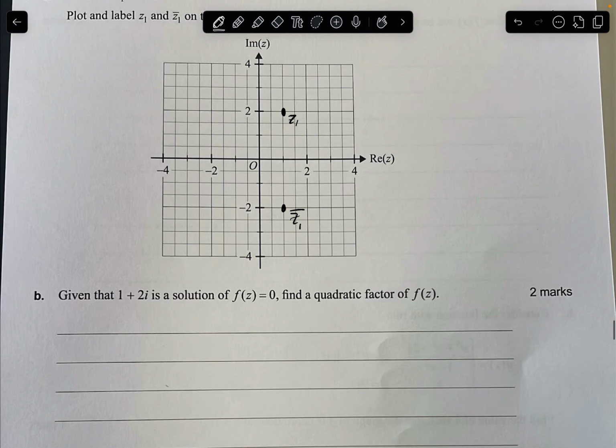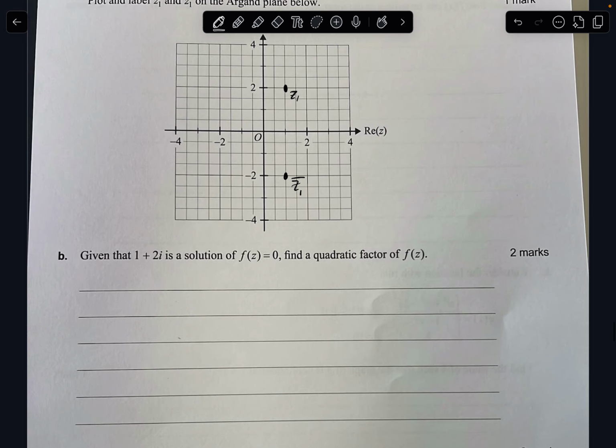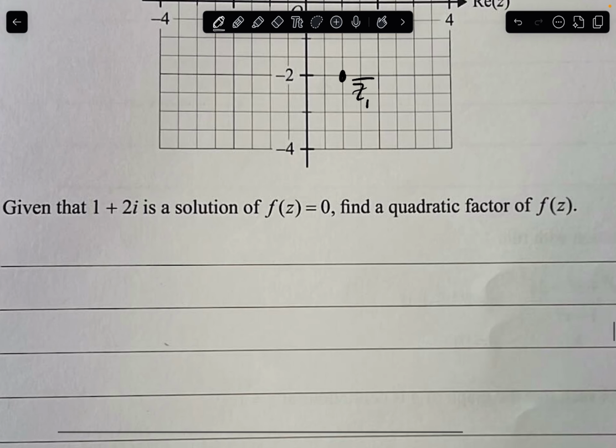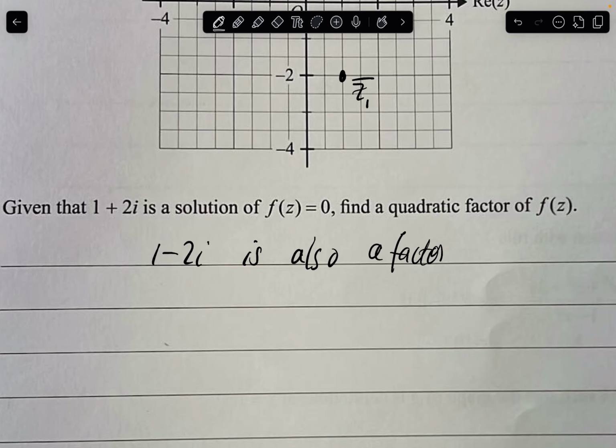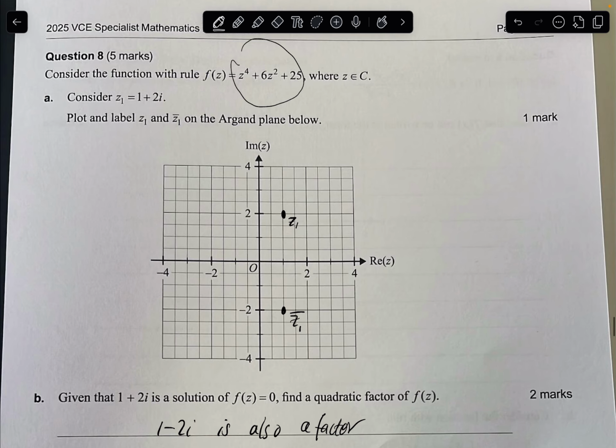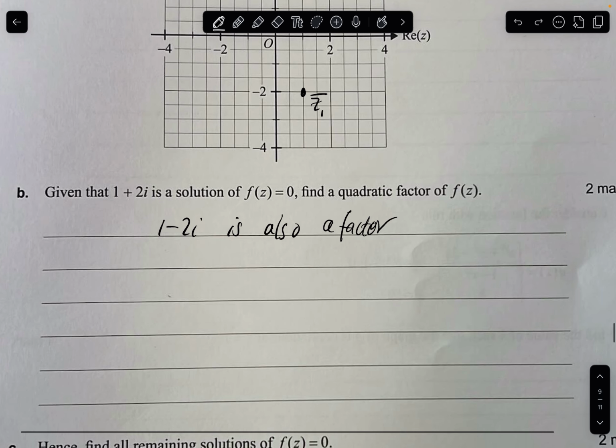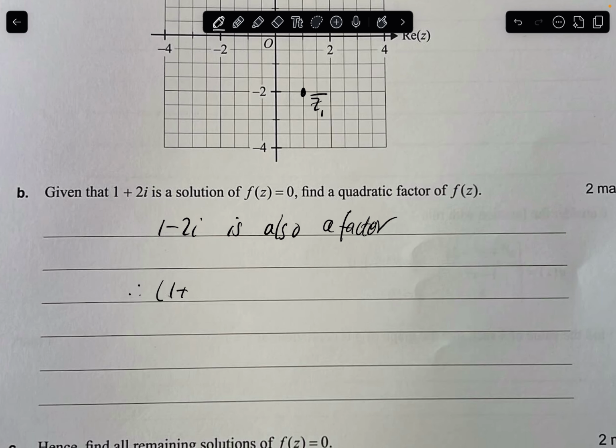Given that 1 plus 2i is a solution for f of z equals 0, find a quadratic factor. So conjugate root theorem, you can say 1 minus 2i is also a solution, given that all of the coefficients are real.